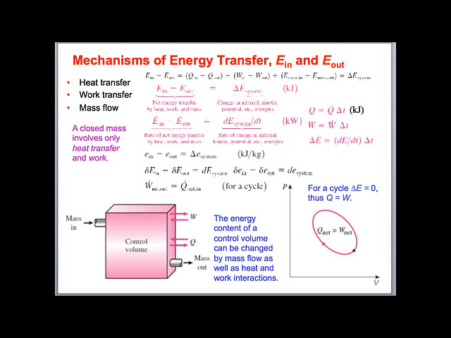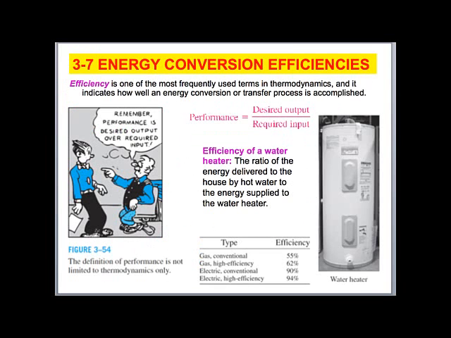We will talk about that in more detail in a later slide. But for now, just be familiar that we can have energy transfer through heat and work, and we can also have energy transfer through flow work done in the system. We'll discuss that at a later time.